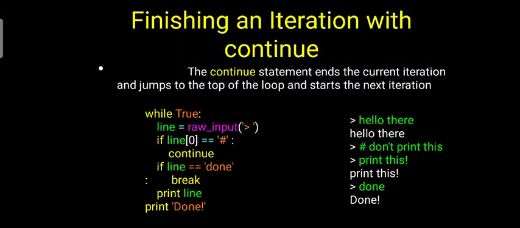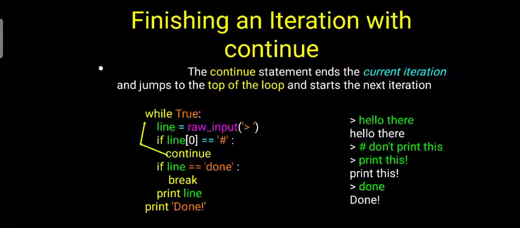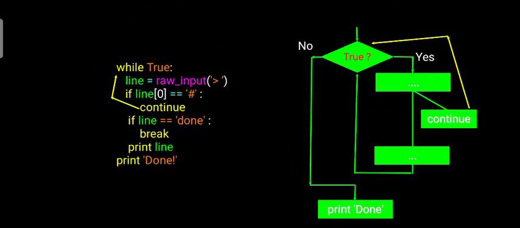On the basis of the hash, it restarts the next iteration and asks for a new input. As the lines show, on matching the condition, continue sends the control to the while statement. See, it is another way to go to the top of the loop.